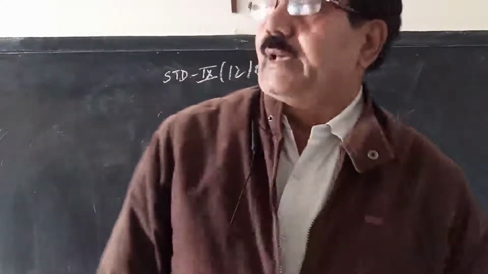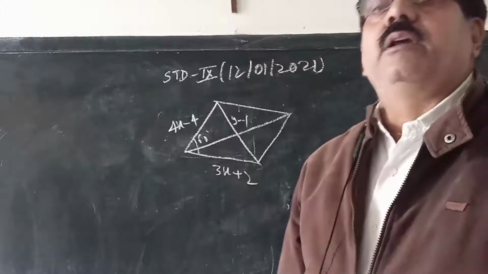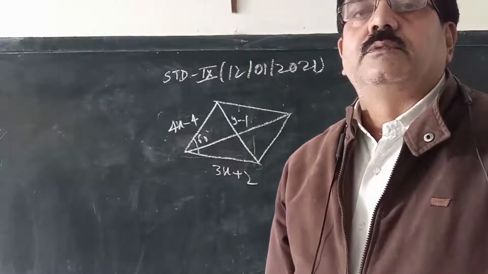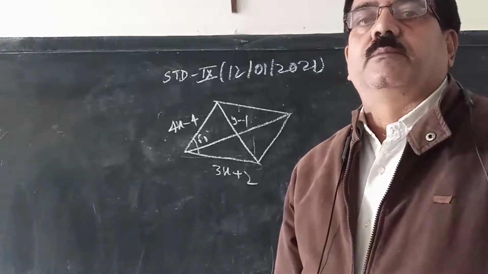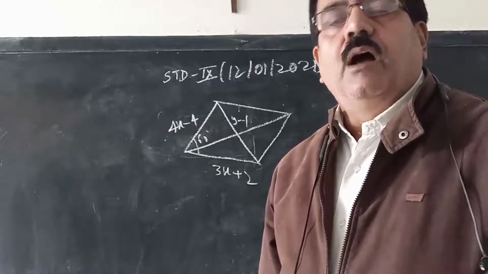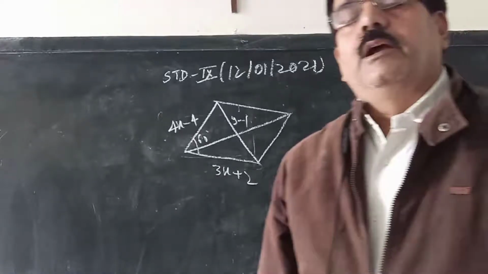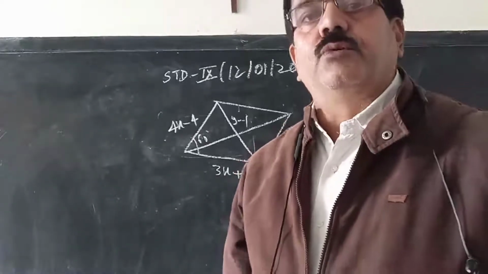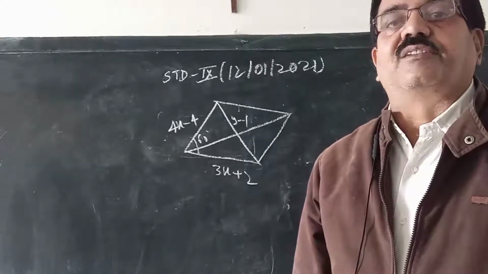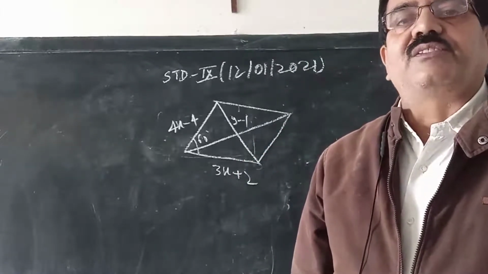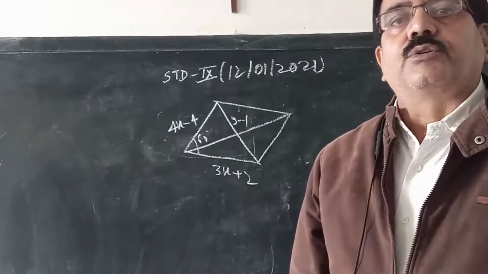We will take the help of the property of the rhombus, and also trigonometry. Another method is also there, but with trigonometry it becomes very easy to give the answer, because trigonometry is applicable in a right angle triangle. Wherever a right angle triangle is there and angles and sides are given, we can use the trigonometric formula.